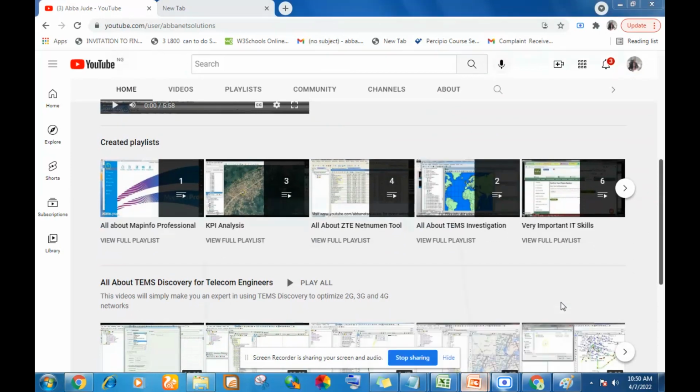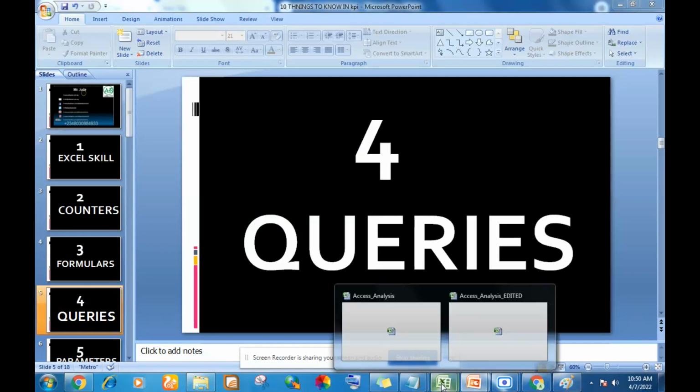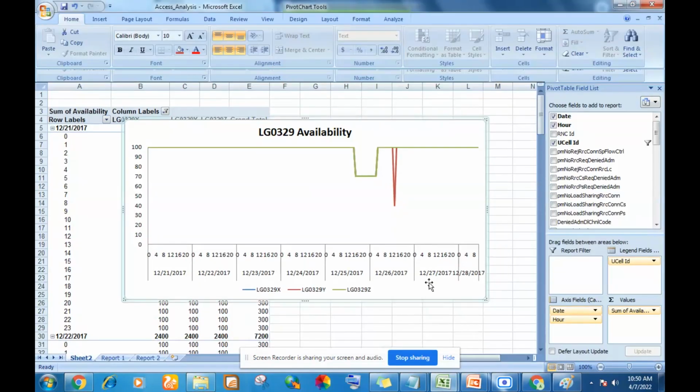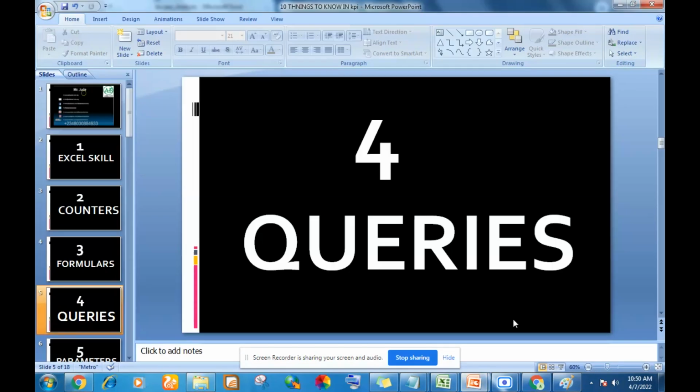So you should know how to do queries, because when you query KPI, it will bring out statistical data in the form of Excel sheets, and you'll be able to do your analysis to prescribe solutions and be able to talk about why there is a problem on the network.